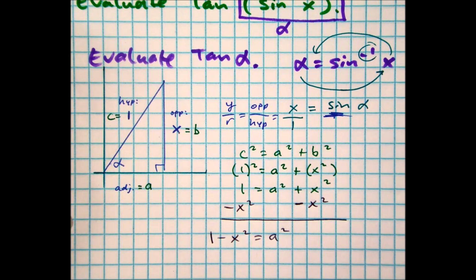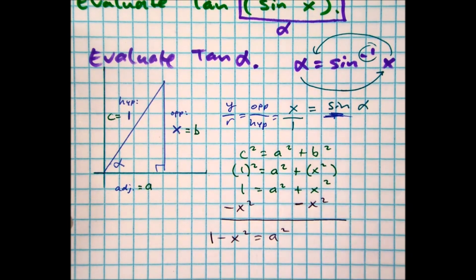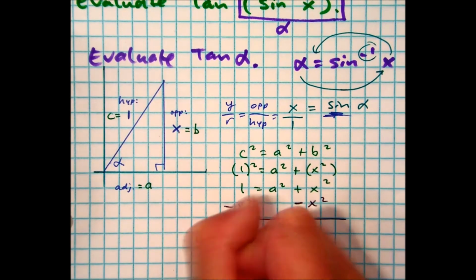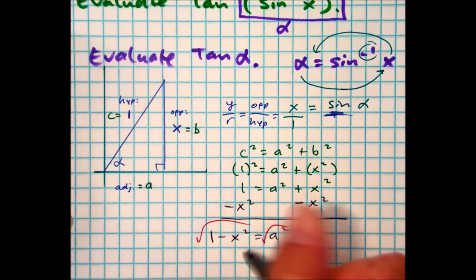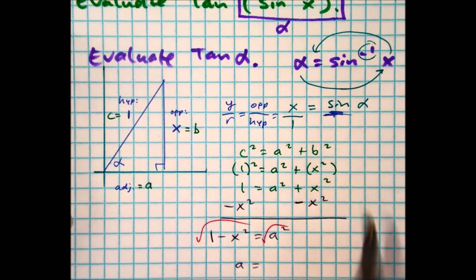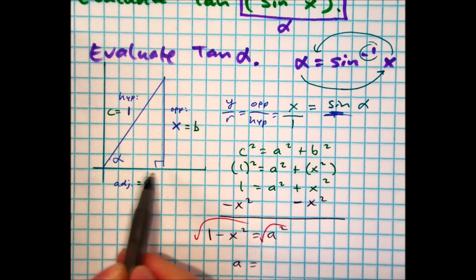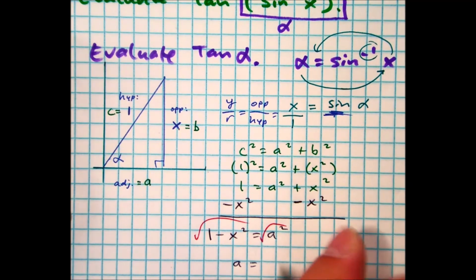To get rid of the exponent, let's take the square root. Remember that when you take a square root of an equation, you get two solutions. I'm just going to switch sides. But remember, this is a distance of a triangle, so only pick the positive.